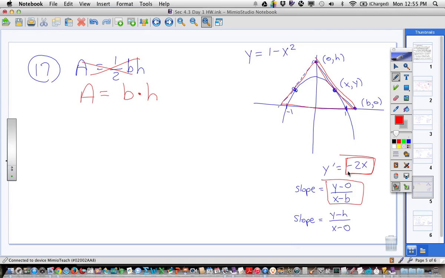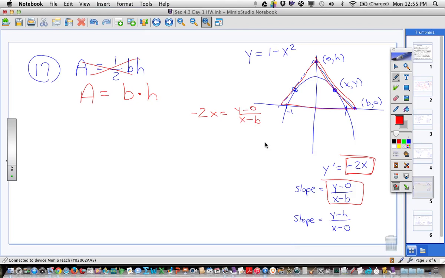So here I've got the place where it's tangent. We're calling it x, y. And then we've got a place out here somewhere, and we're calling that b, comma 0. And so I can do the slope between those 2 points, and I can do the derivative of the curve. And that gives me 2 ways of writing the slope, and I can put those 2 equal to each other. So I can now do negative 2x equals y minus 0 over x minus b.